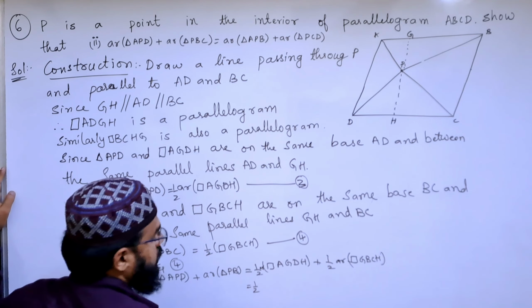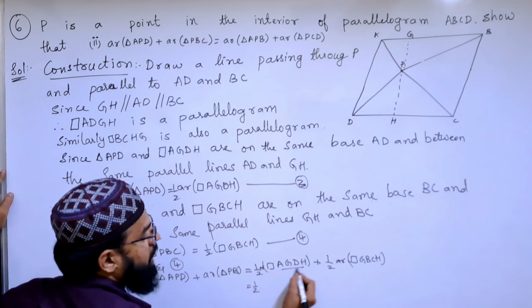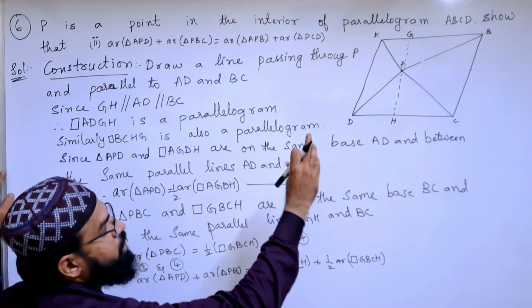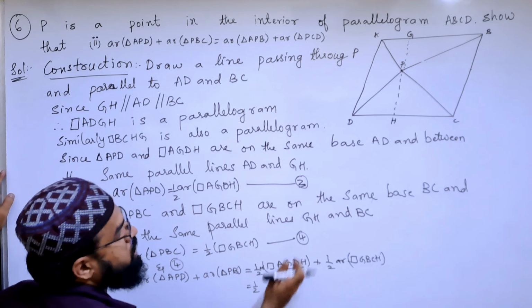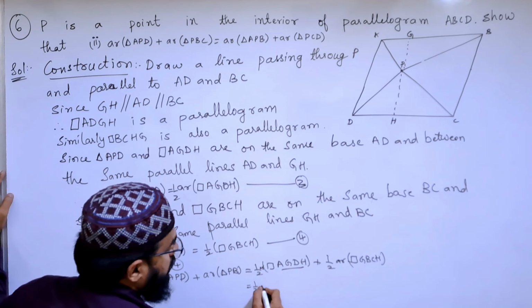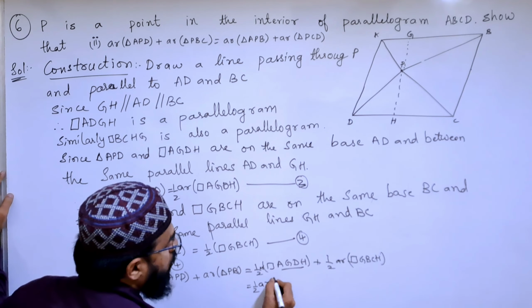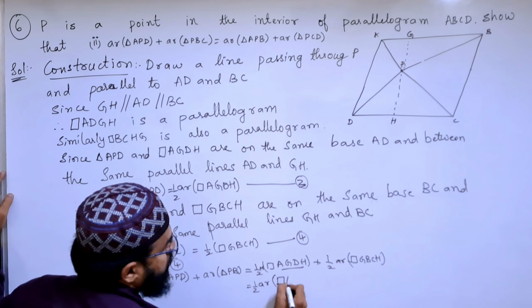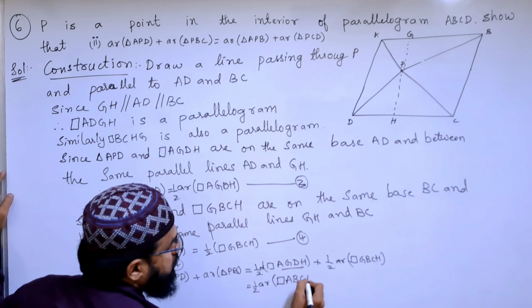Now we can take out half common. If we add AGDH, that is this part, and GBCH, the other part, we will get the whole quadrilateral ABCD.